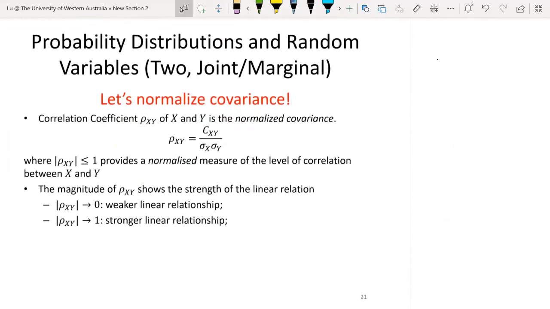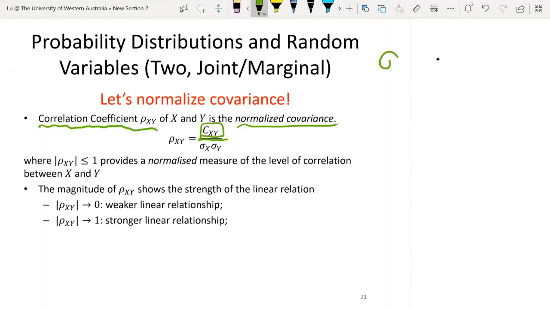Okay, in this calculation, we are introducing a new parameter called correlation coefficient, rho xy. Rho xy, the correlation coefficient, is a normalized covariance. But how do we do that? So we are using the covariance divided by the product of the so-called standard deviation of x and y.